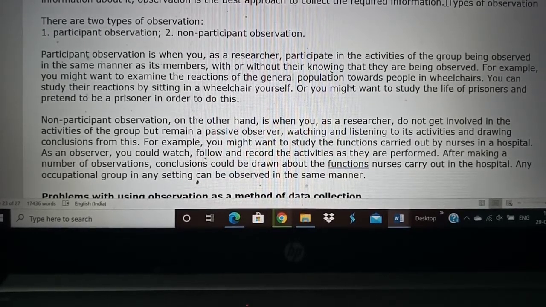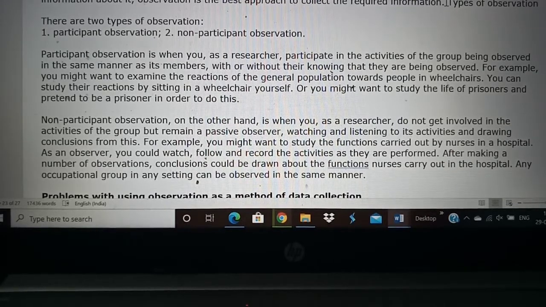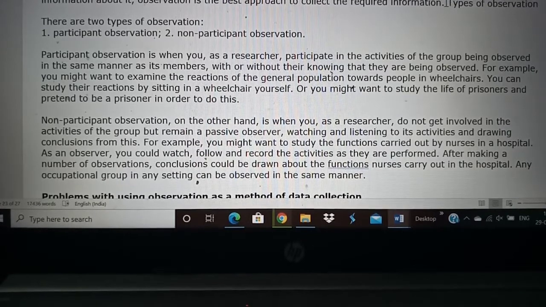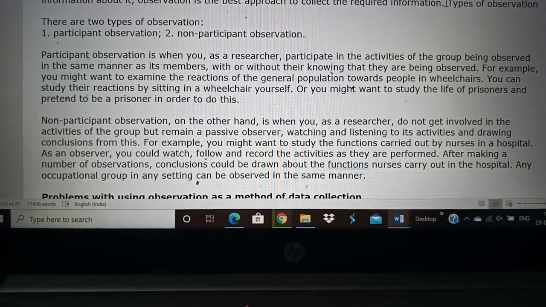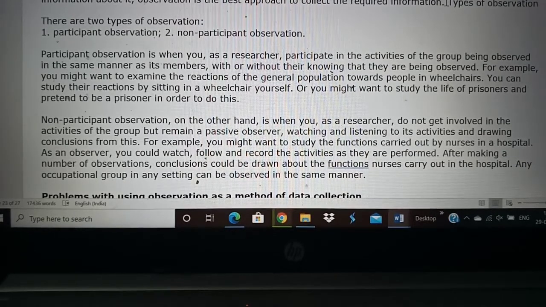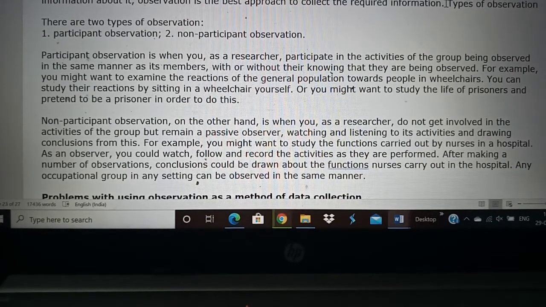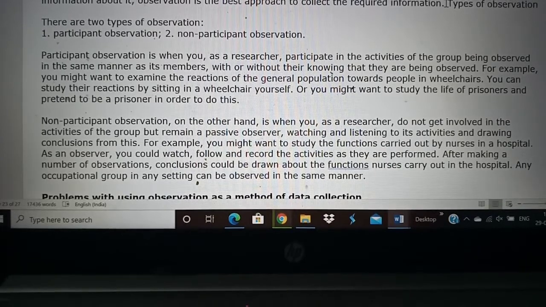Or the other way of doing it is, you can be in the wheelchair and then you can look at each person's expression and document it as a data collection method to see how other people react to you going in the wheelchair. So that is one method of participant observation, where you as a researcher are present in the location and nobody knows that you are doing research, and you observe the participants and collect the data.